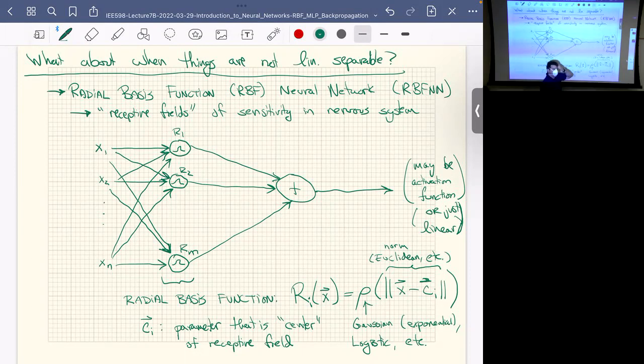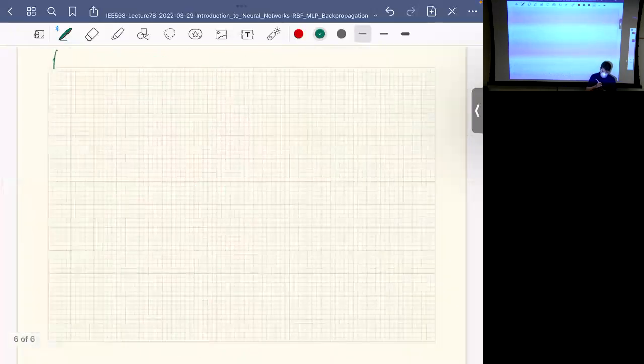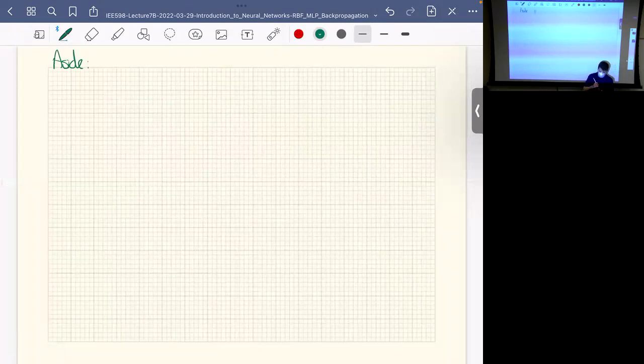I don't know if you've ever looked really long and hard at the Gaussian distribution, the normal distribution, but as an aside, let's think about the PDF for a normal distribution.